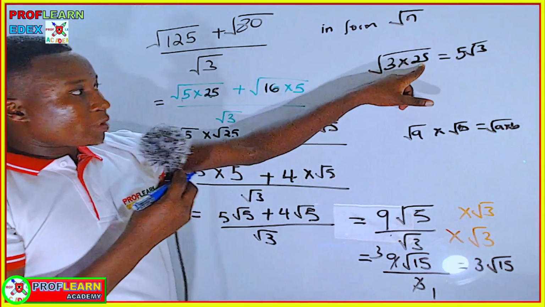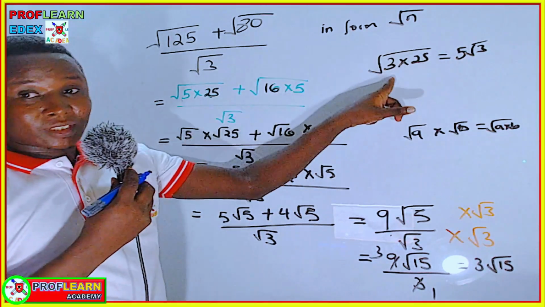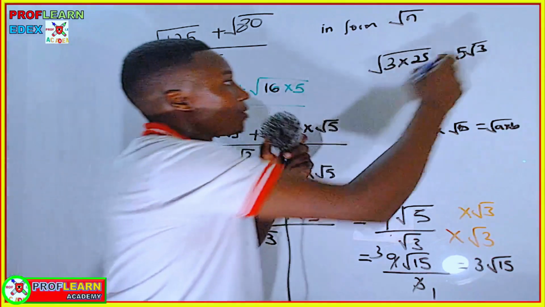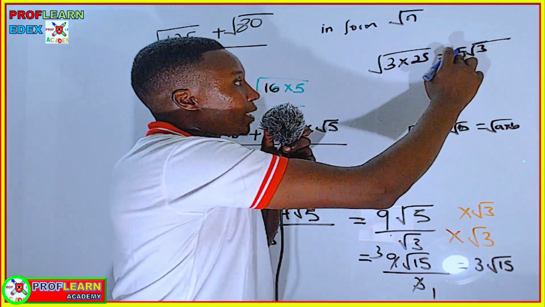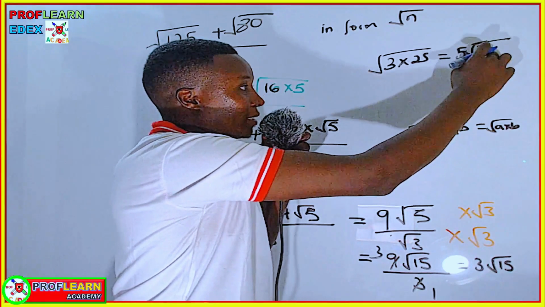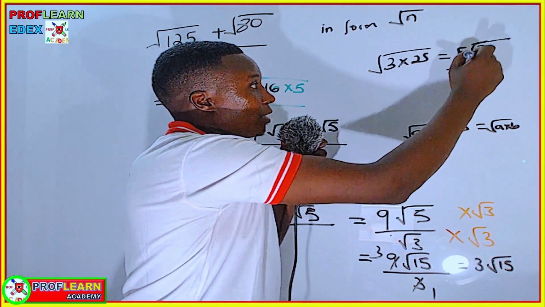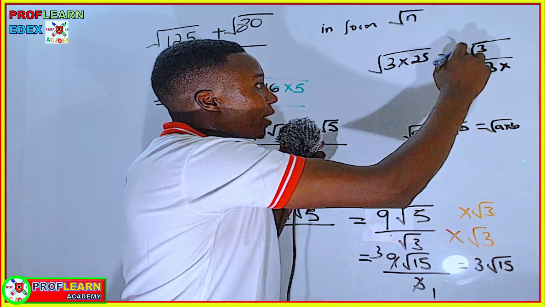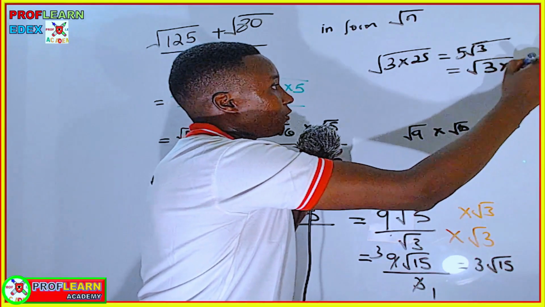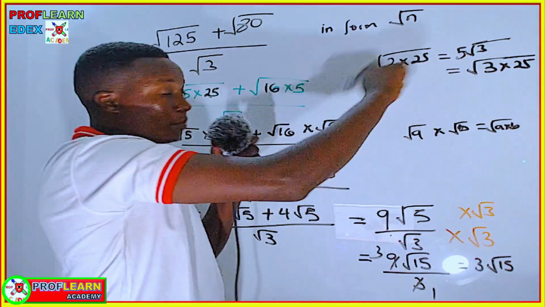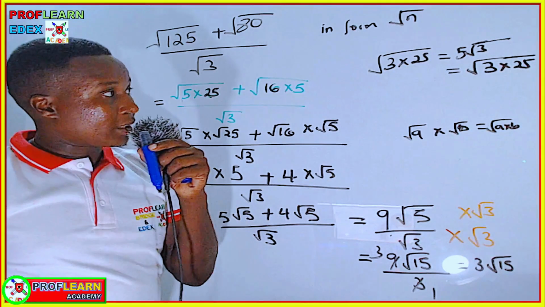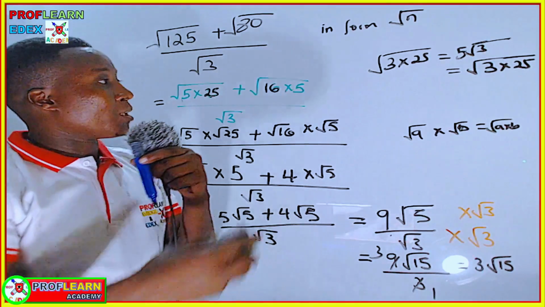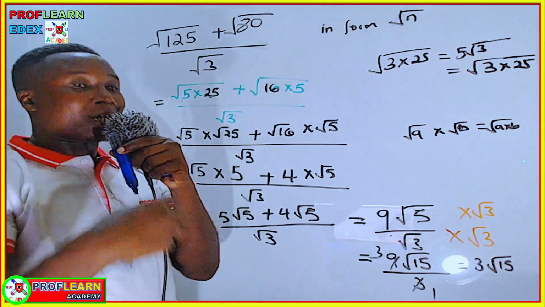You find the square root of the number and take it outside. But if you want to take this 5 inside the square root, you square it, then multiply by 3, so you get root of 25 times 3. You can remove numbers from inside a square root, take them out, or take them in.